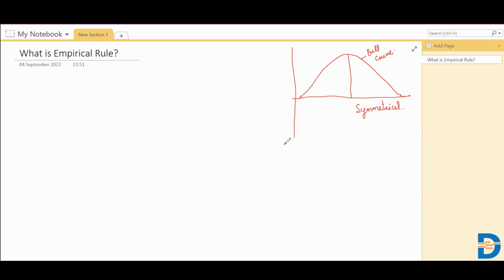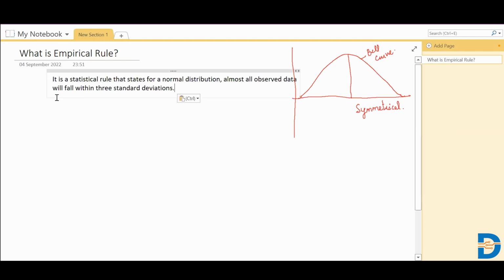Now let's discuss the other property, which is the empirical rule. What does the empirical rule state? It is a statistical rule, which we also call the 3 sigma rule.